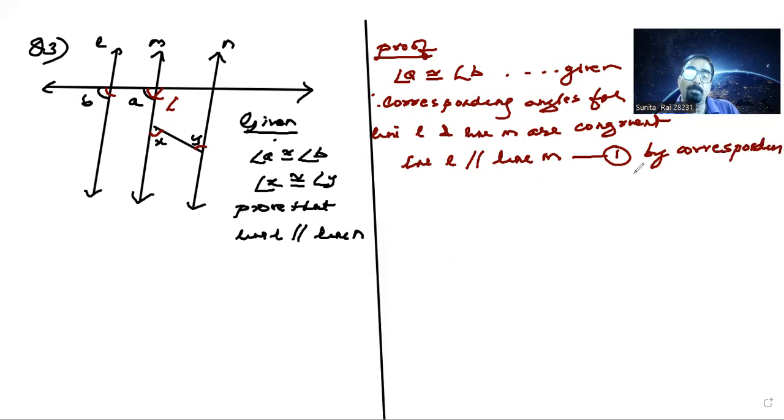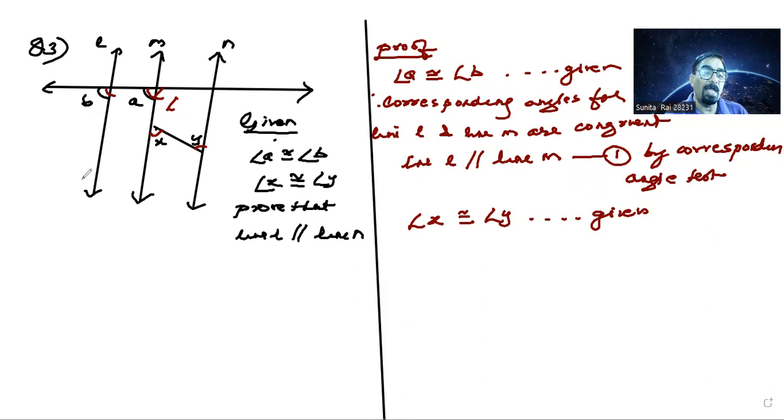But the answer here asks for L parallel N, not only L parallel M. So I have not got the answer yet. There is one more given information, children. Just have a look at it. What is that? Angle X congruent angle Y. Try to understand this, children. These are angles in a Z formation, so they are alternate angles.